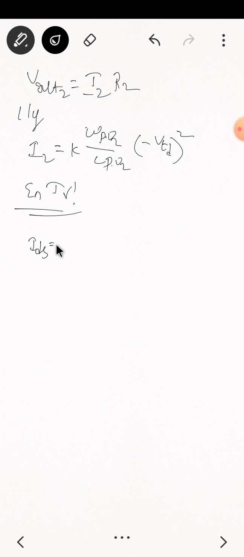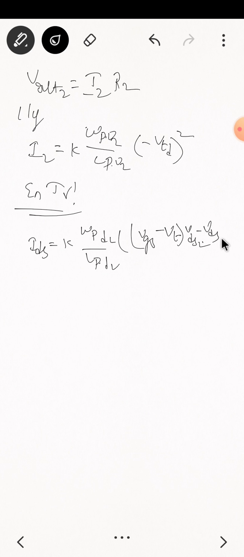So IDS is equal to K into W pull down 2 by L pull down 2 into VGS minus VT into VDS minus VDS2 whole square by 2.